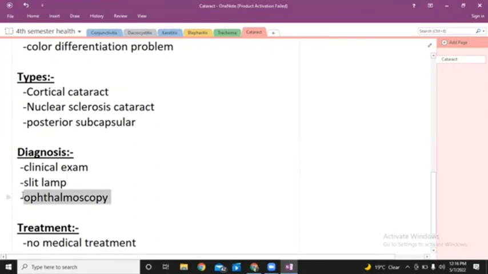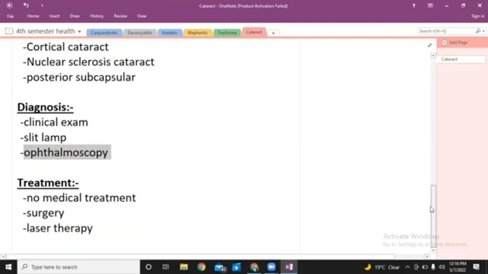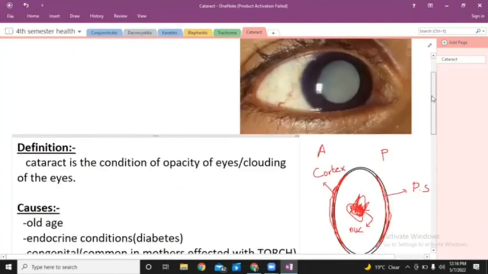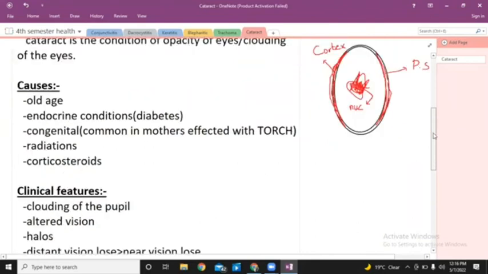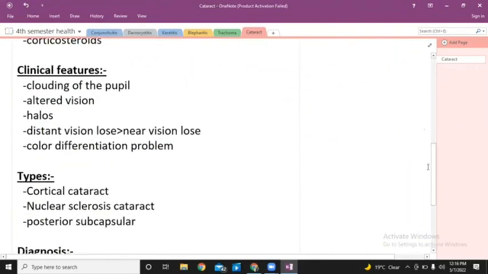Ophthalmoscopy is when you see the inside of the eyes with the help of an ophthalmoscope, an instrument used to look into the eyes. So you have a patient who complained of these clinical features. You diagnose him with slit lamp examination and with ophthalmoscope, and then you have to treat the patient.